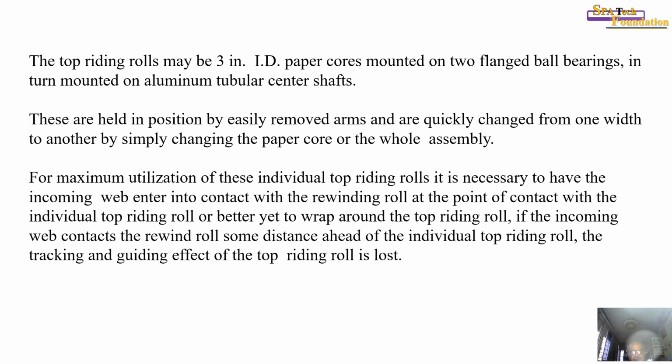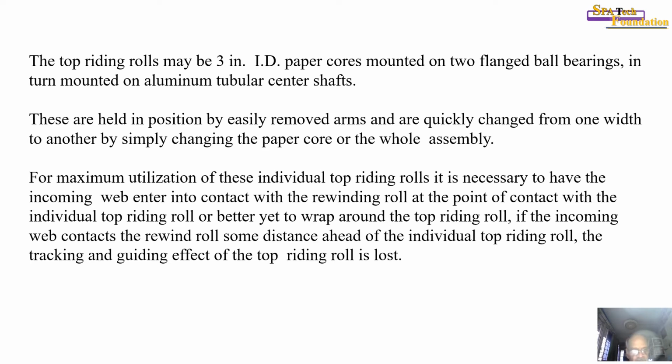For maximum utilization of these individual top riding rolls, it is necessary to have the incoming web enter into contact with the rewinding roll at the point of contact with the individual top riding roll, or better yet, to wrap around the top riding roll.